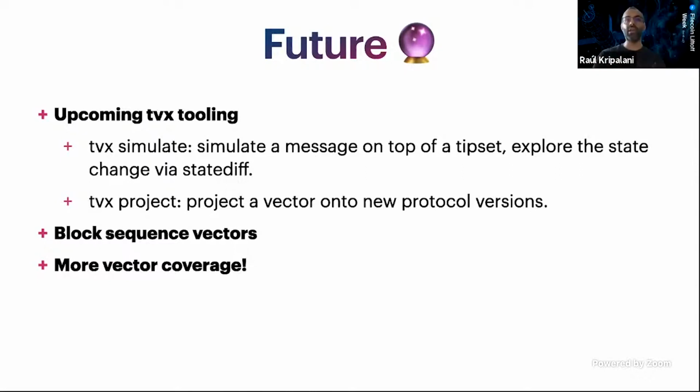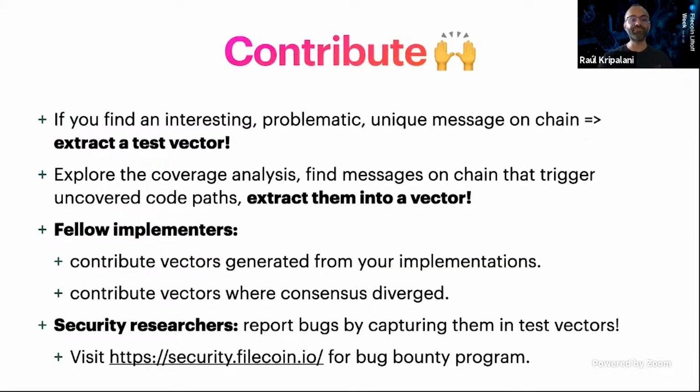We're also introducing a new class of vectors called block sequence vectors, which basically define a sequence of blocks that arrive at specific times against the syncer. And at the end of it, the post condition is that the head of the chain should match a particular head. This allows us to test potential forks emerging in the network. And also, of course, we're enhancing vector coverage.